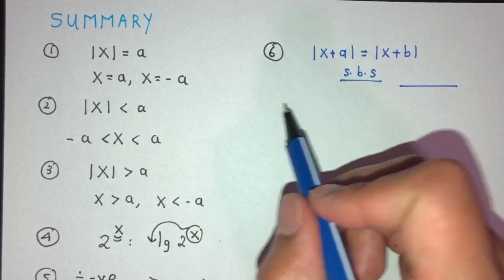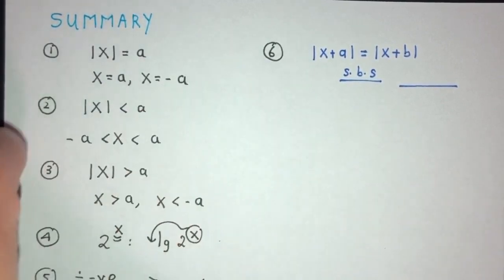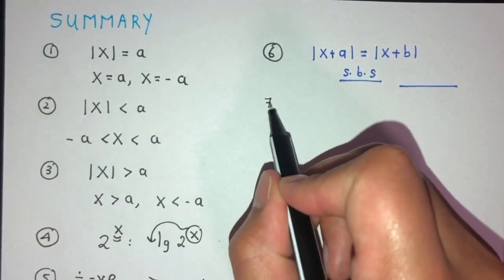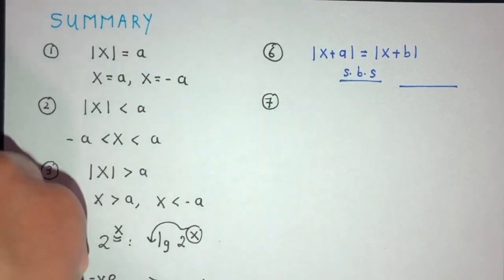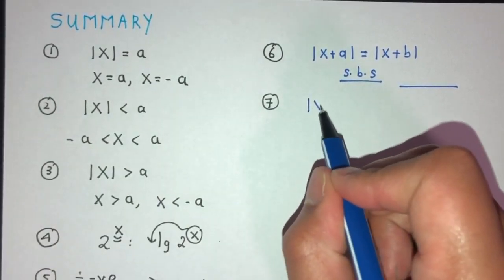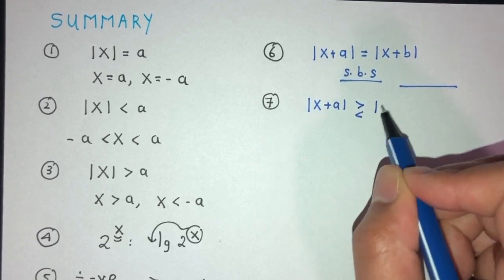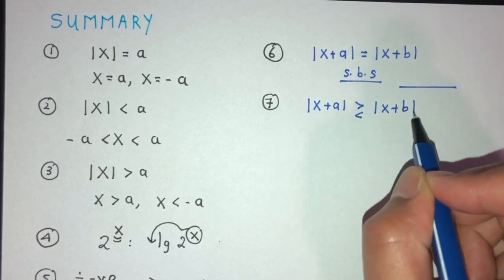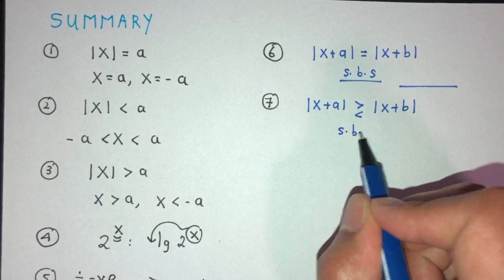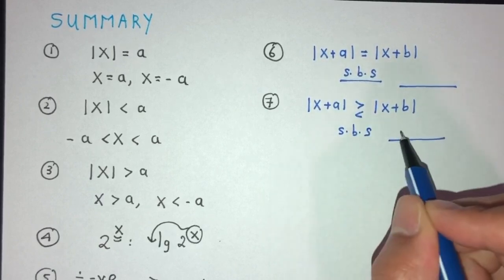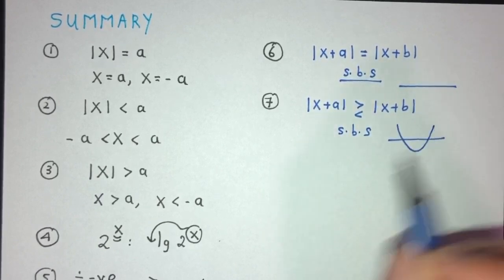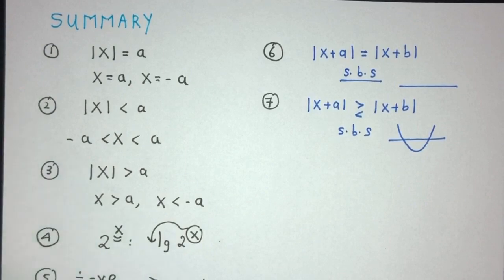Now let's move on to 7. When you have this one, it is this or this, we proceed by squaring both sides and then using number line to find your set of values for x.